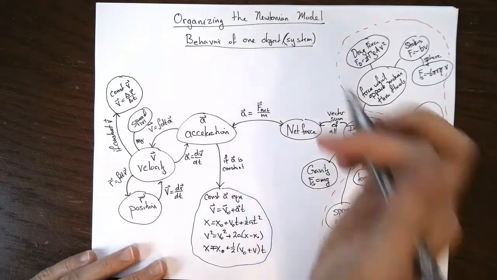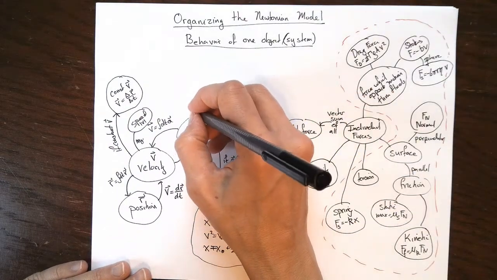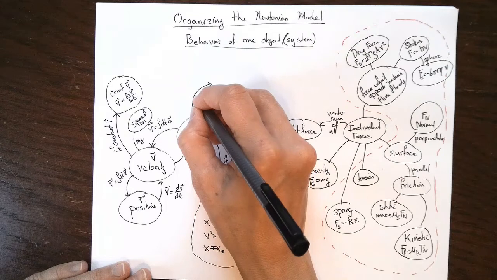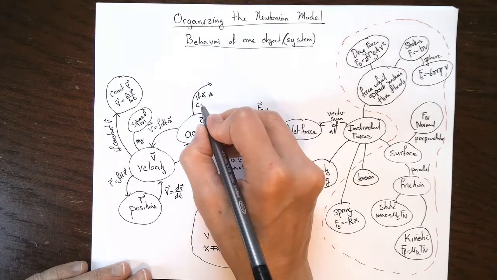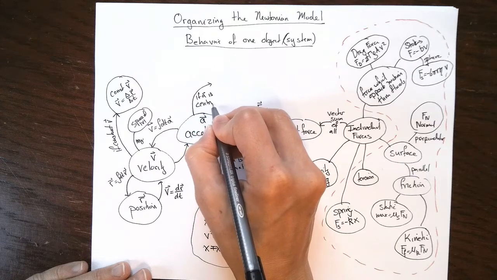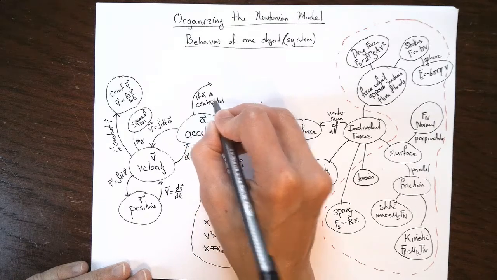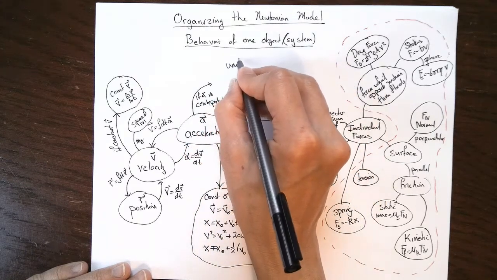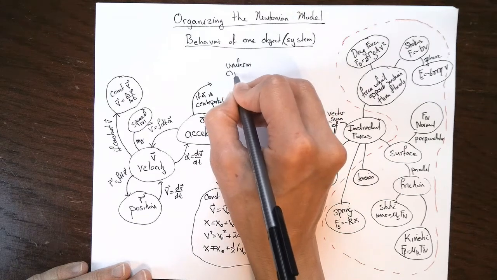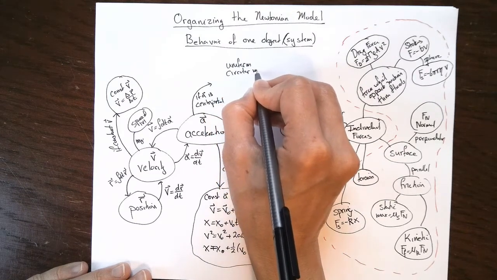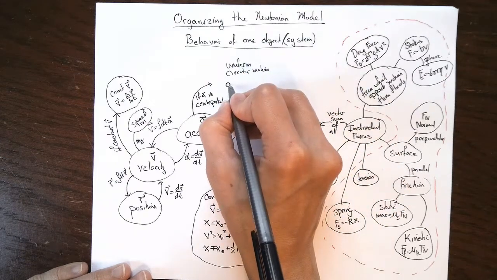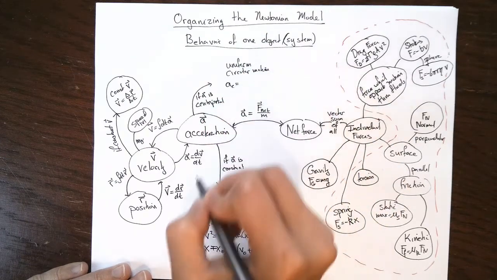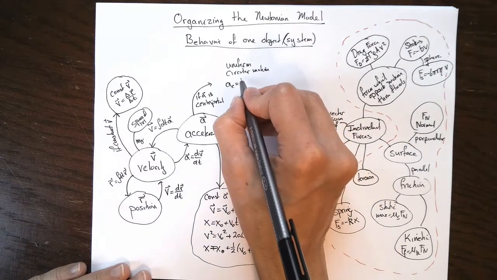We also have another one. If the acceleration is centripetal, that is pointing to the center of a circle, then we've got uniform circular motion, or something which travels in a circle. And in that case, we have an equation for the magnitude of the acceleration.